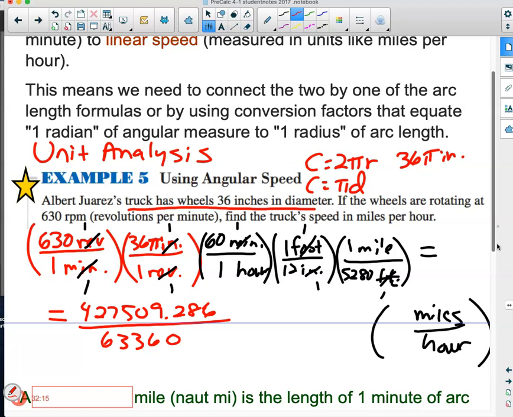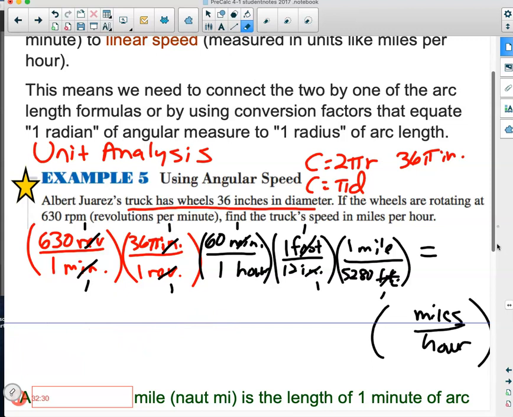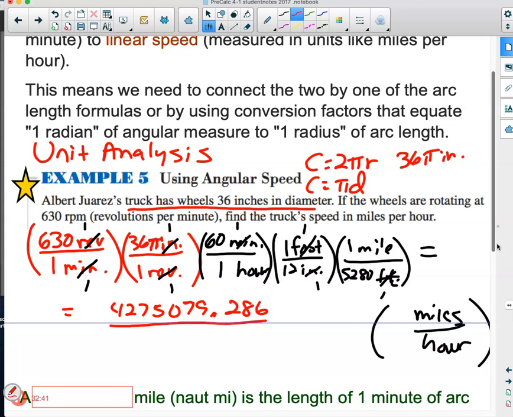So if you punch in 36 or 630 times 36 pi times 60 times 1, you should be getting 4,275,079.286.